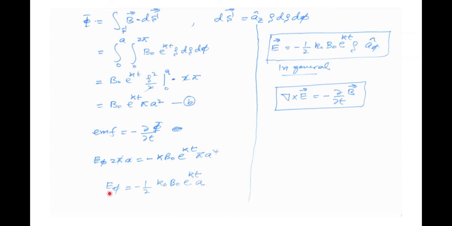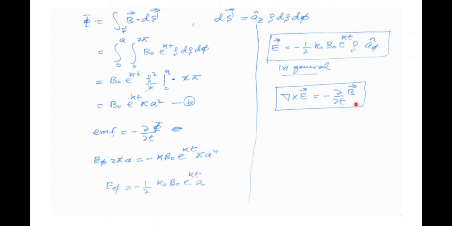So the electric field in the phi direction is equal to minus 1 upon 2 k naught B naught, where B naught represents the maximum intensity of the magnetic flux density, e power kt. In general, we can write the E field in the phi direction in this form. Replace a by rho.